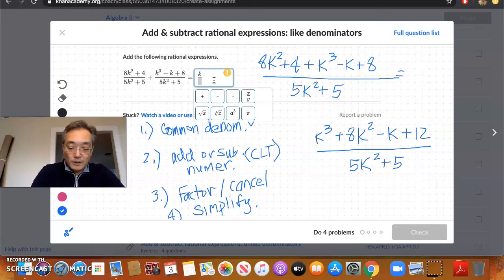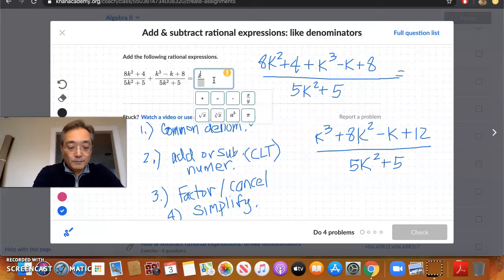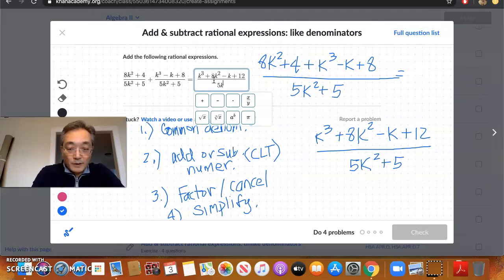So k cubed plus 8k squared minus k plus 12. Okay, all over 5k squared plus 5.